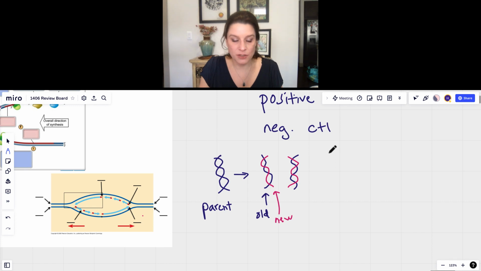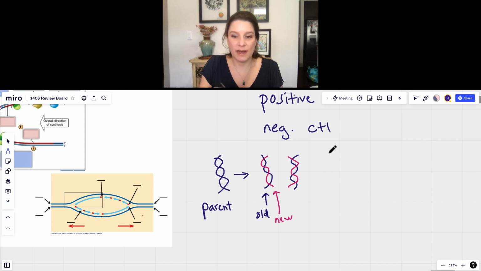And then we have Hershey and Chase showing that what gets into the cell, using the viruses and the E. coli bacteria, what the viruses put into the cell is nucleic acid, DNA specifically, not their protein, which suggests that DNA is the genetic material, not protein.